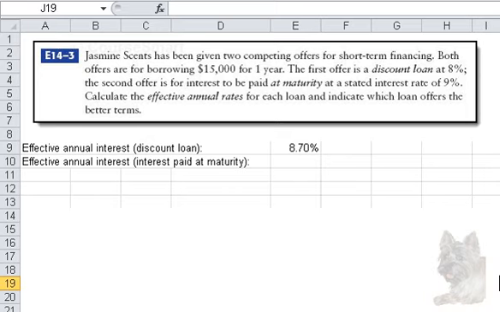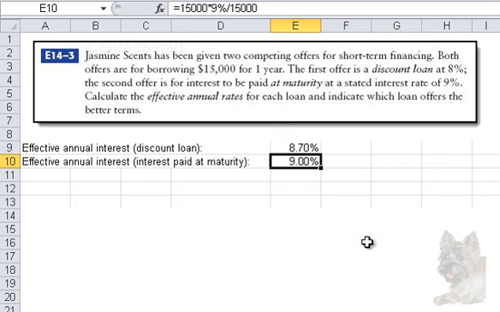Right? And then this one, we just take the $15,000 times 9%, which will give us $1,350. And then if we divide that by $15,000, we don't need to use parentheses here, we come up with the straight 9%, which is what you'd expect.